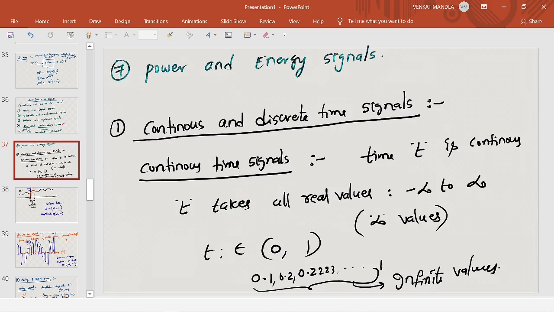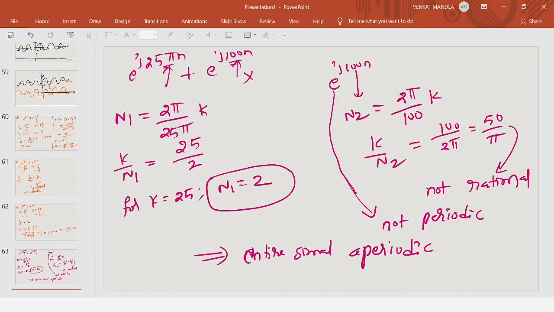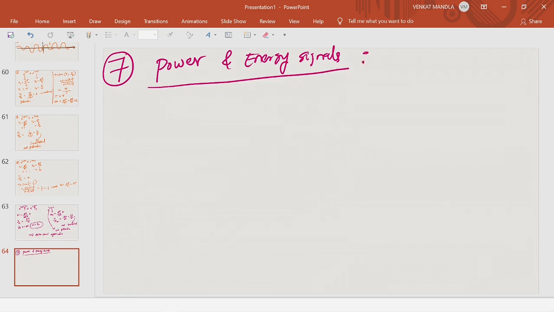First I will discuss the seventh one, power and energy signals, and then I will go to real and complex valued signals. The seventh classification is power and energy signals.